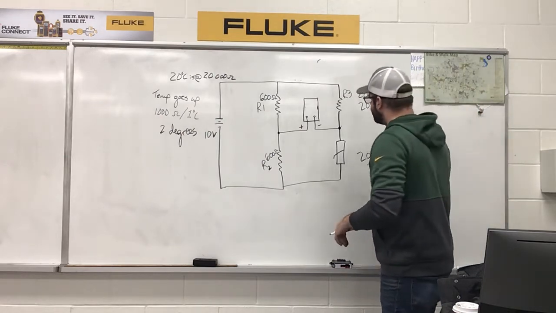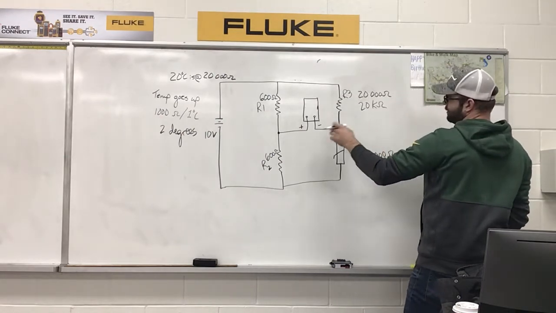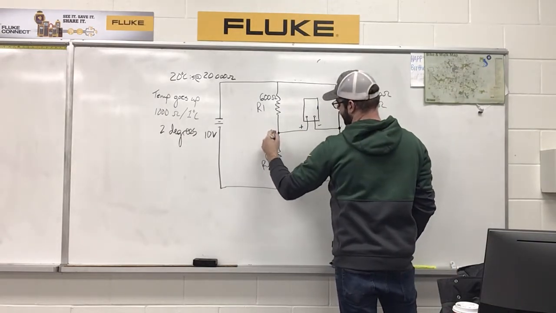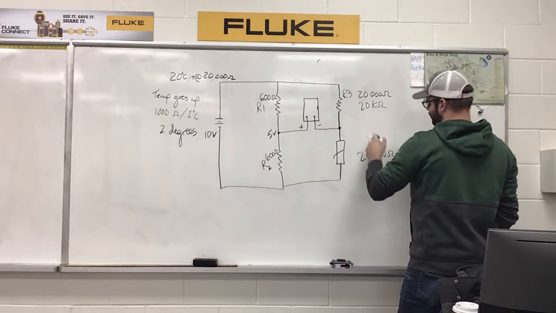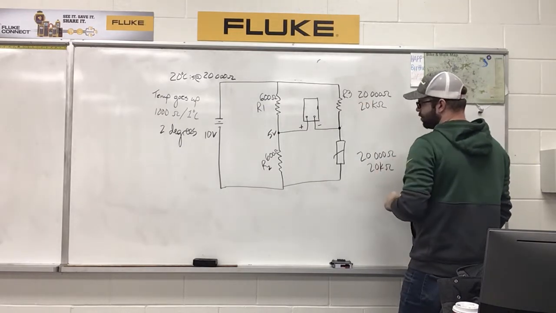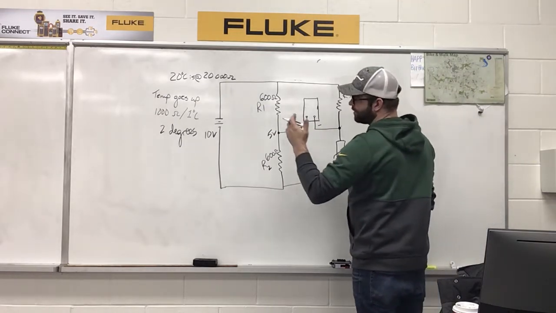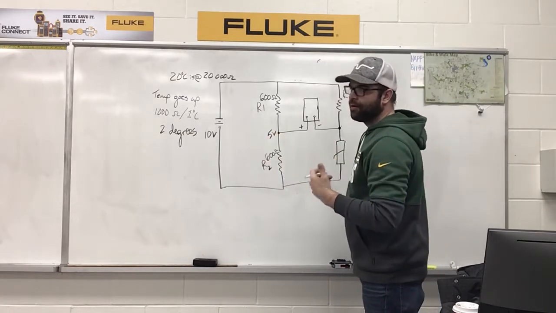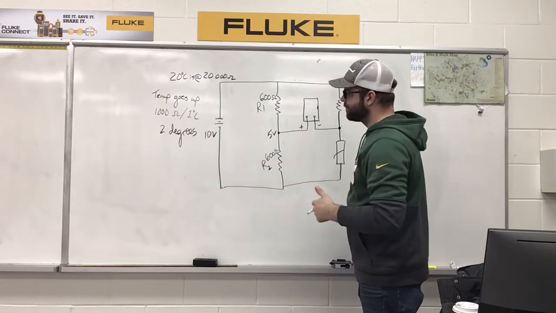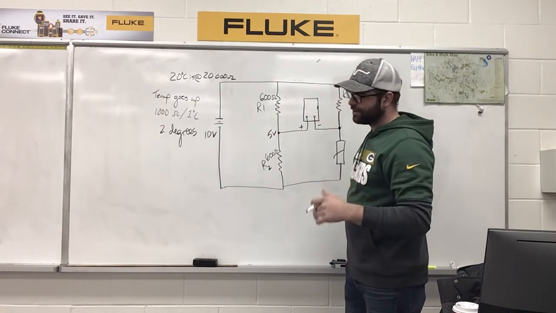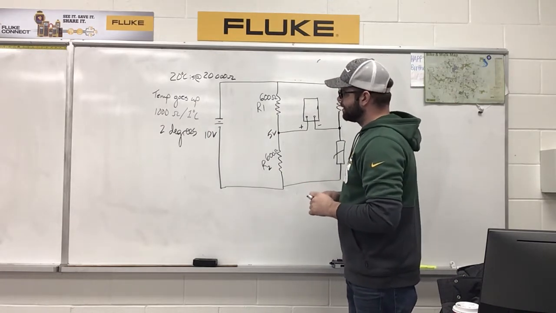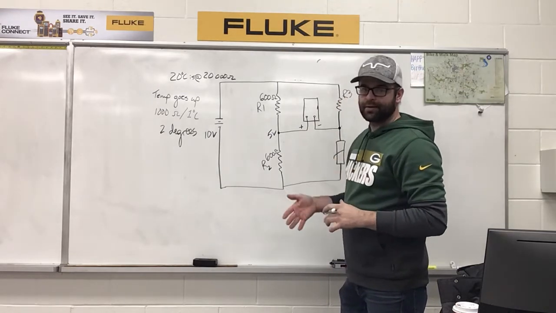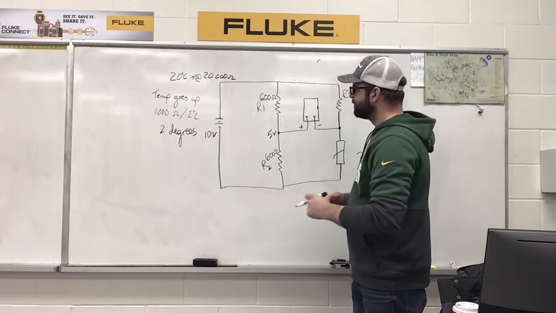Okay, all right, so these two values are the same, so we know we've got 5 volts on the positive lead, and we've got 20,000 ohms, but we know that the temperature went up 2 degrees. However, majority of thermistors are negative temperature coefficient devices.